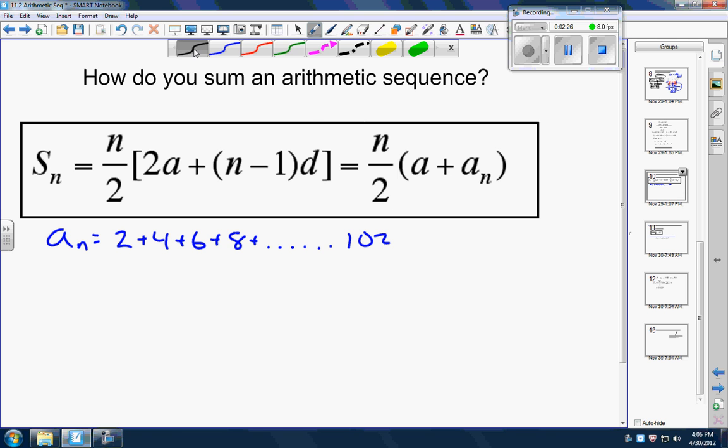So if you want to think about a little sub 1 in there, you can. All you need is the first term, last term, and total number of terms. So for this, I need the 2, I need the 102, and then I'd have to figure out, guessing this is going to be the 51st term, so that would be my n. Those are the only 3 things you need. So you can really use both formulas for it.